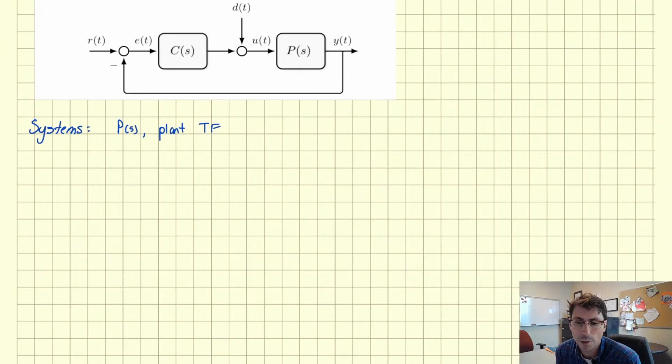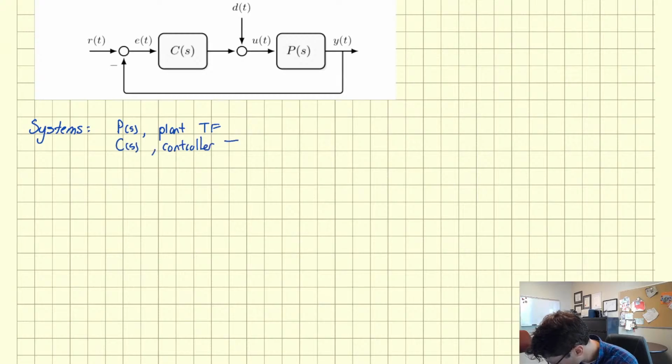It's based on the hardware you're trying to control. That plant is fixed. C of S is the controller transfer function. That's the non-fixed part of the diagram. That's the part we get to choose, right? The mechanism for which we make decisions to actuate the plant. Okay. There are also signals, of course, in this diagram.